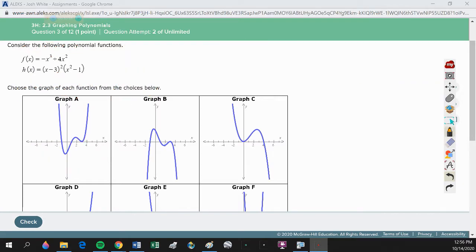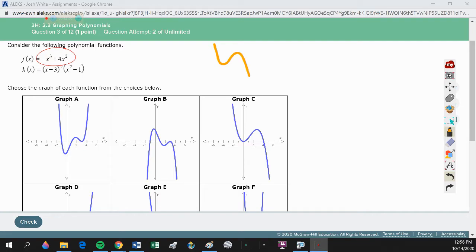Now let's look at the other equation. What can you tell me about this? It's a third power, which means it's a disco dance, and it's going down to the right. So it has to look something like this.